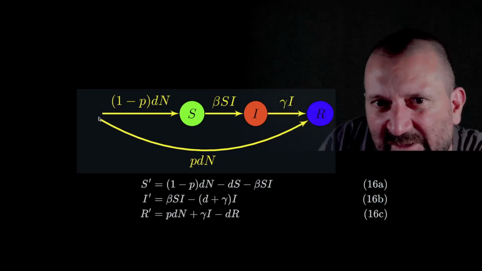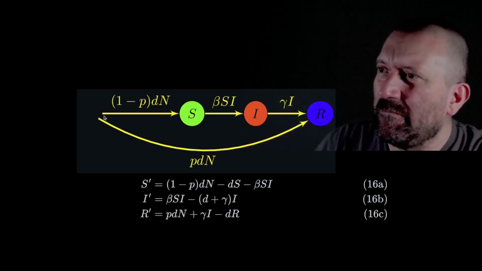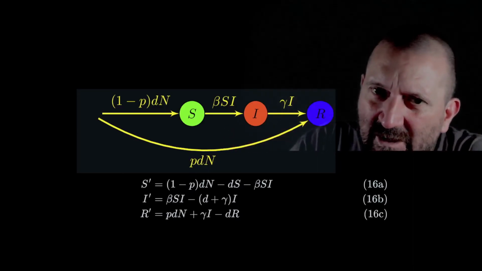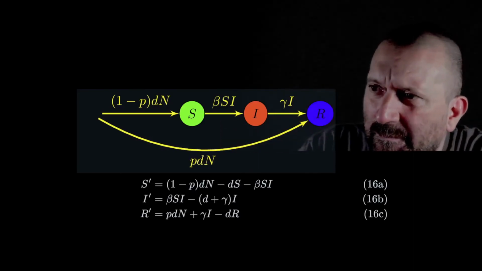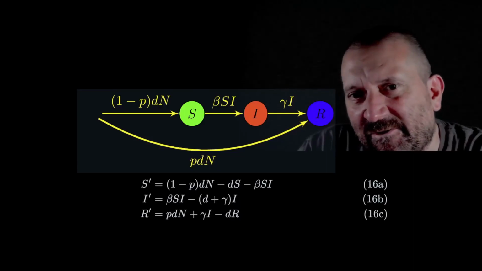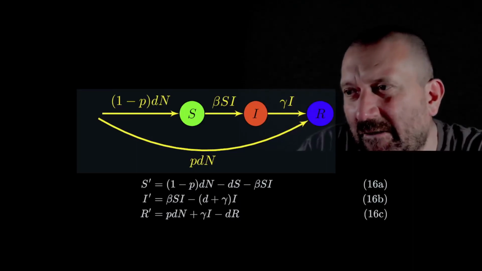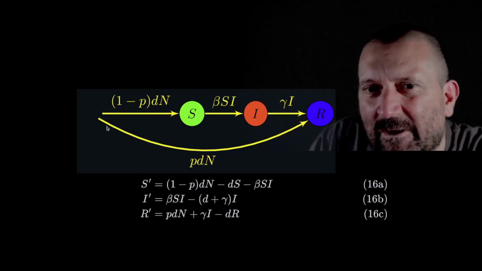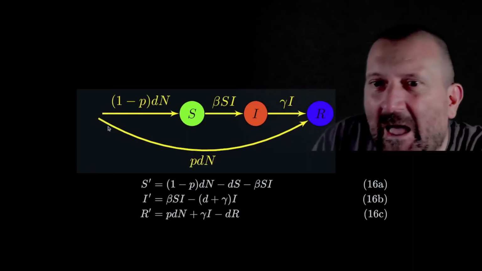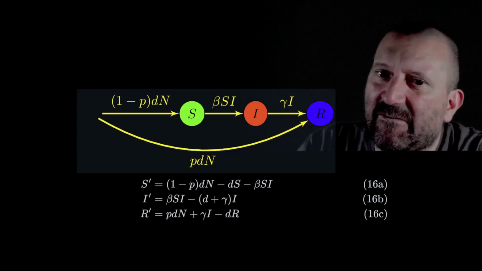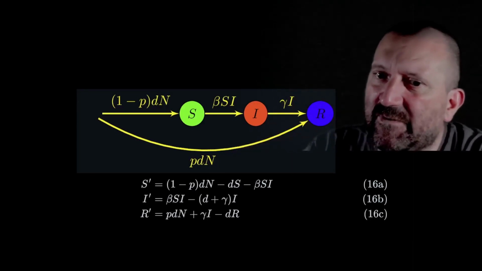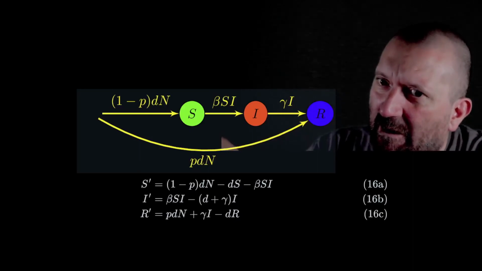But what's important is, in the inflow that we had in the SIS model, instead of just considering that everybody's born susceptible, I suppose that a proportion p of those newborns are actually vaccinated. And I assume that this vaccination has the effect of moving individuals directly into the R compartment.